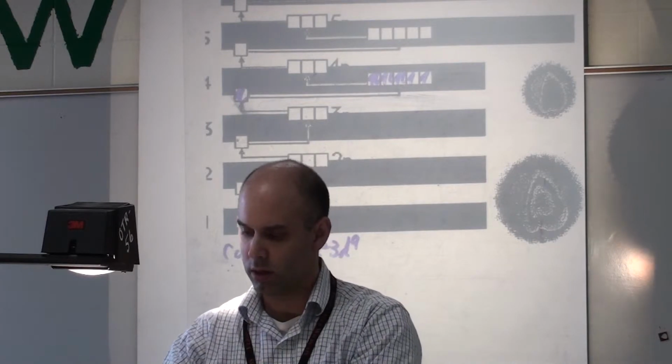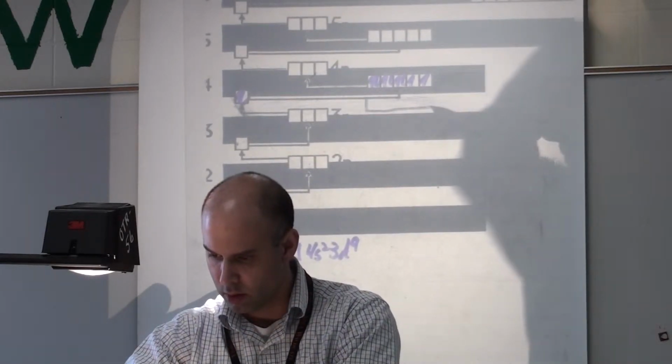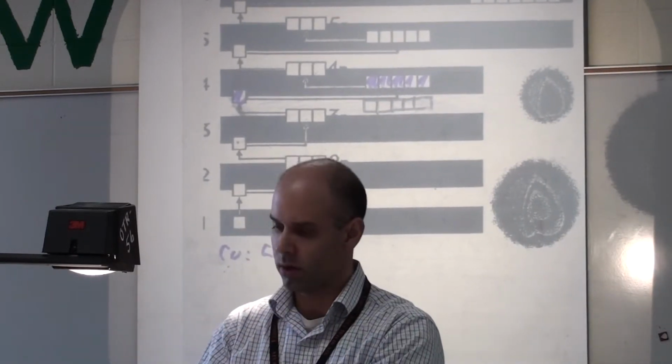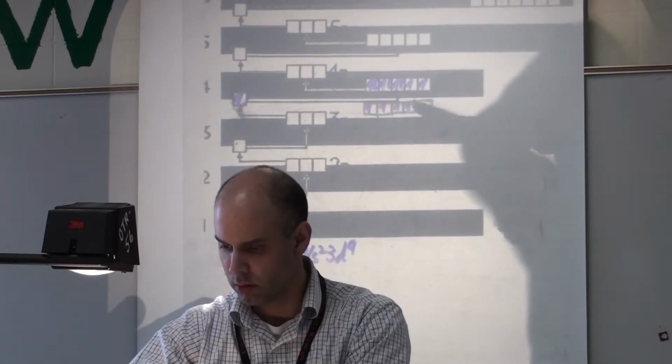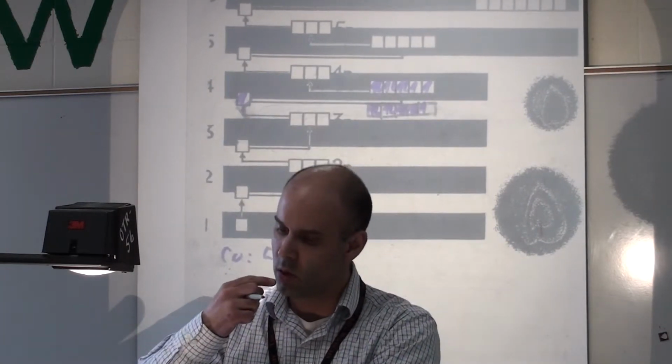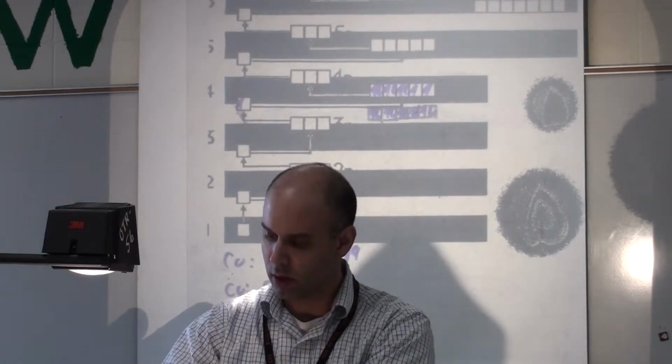But when you get to copper, this drops down, and an electron from the 4s2 goes into here. And so the real configuration of copper is argon 4s1 3d10.